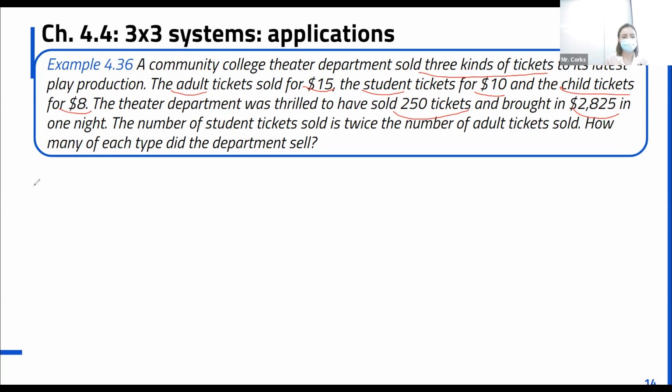So for adult tickets, we use A as an alternative to our x, y, z. For student, S, and for child, C. So try to solve it and then we will check. If you're ready, type your answers in the chat.